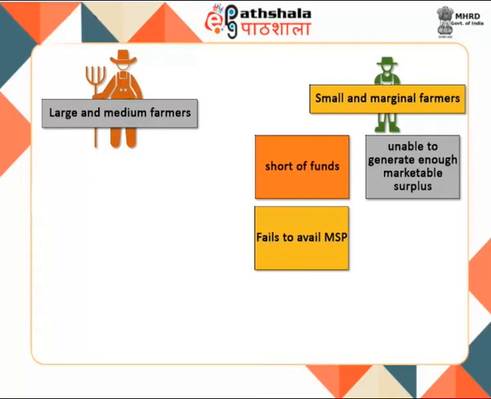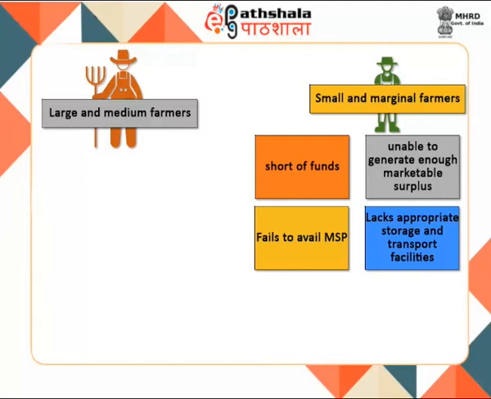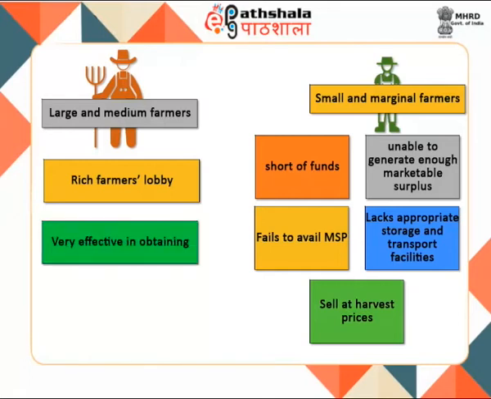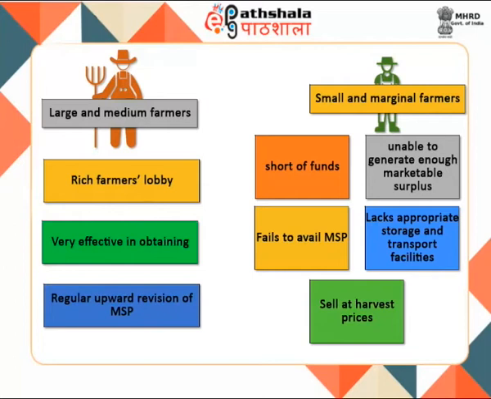Due to lack of appropriate storage and transport facilities, the small and marginal farmers are forced to sell their marketed surplus at harvest prices. The rich farmers' lobby has been very effective in obtaining regular upward revision of MSP.